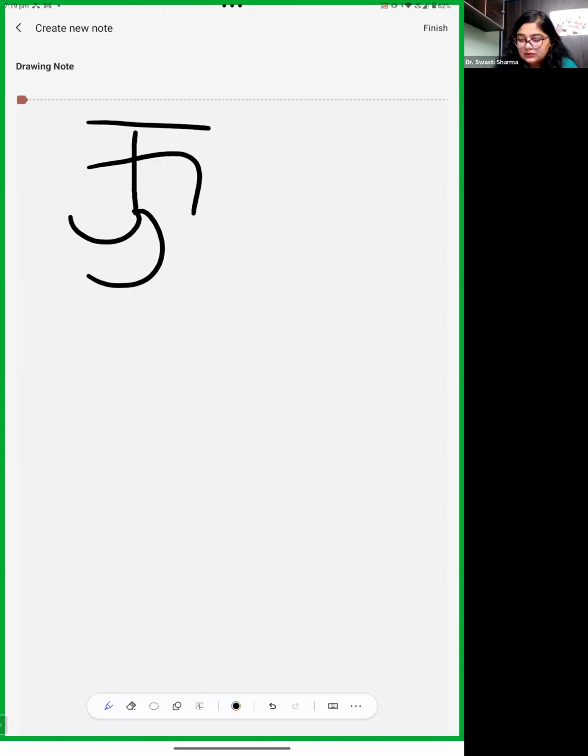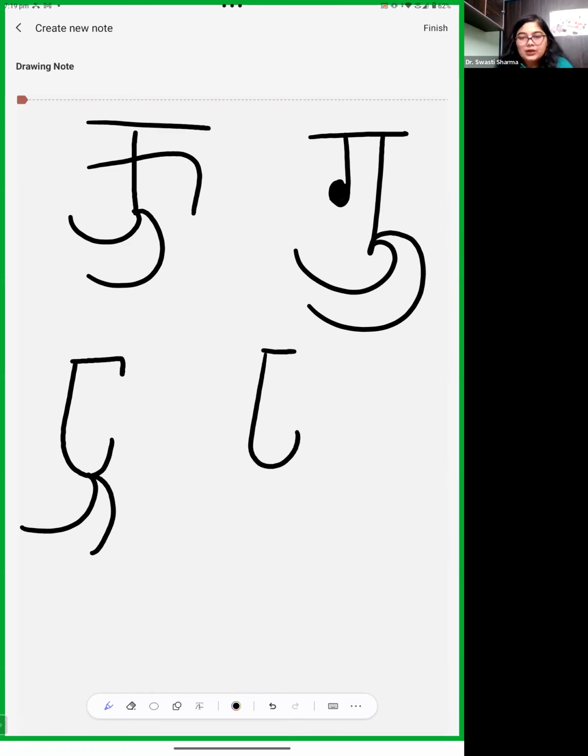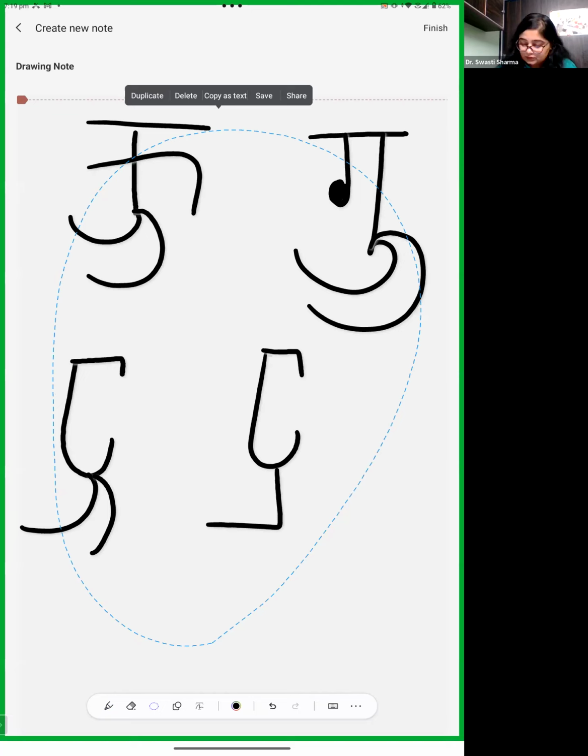Then the letter G, it will be like this. Then the letter T. T will have both these matras. Okay. Clear? So these are three letters.